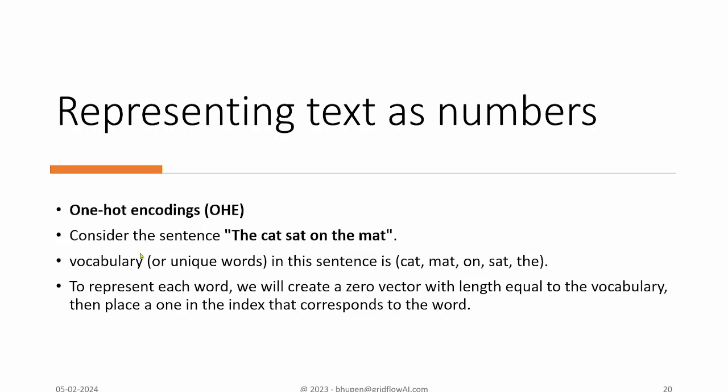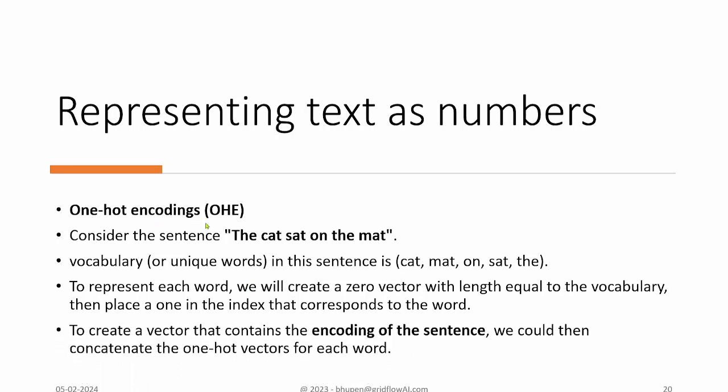This is typically the method we have used so far. It's a very simple method. It's called the one-hot encoding method. And if you have a sentence, for example, here we create a one-hot encoding vector for cat.